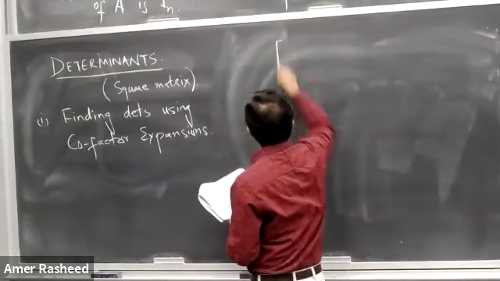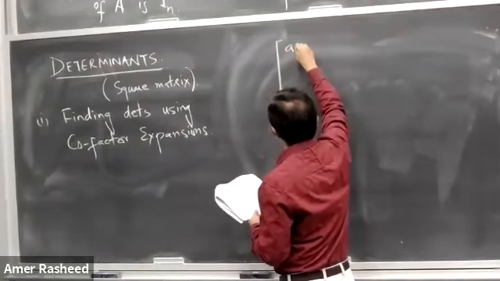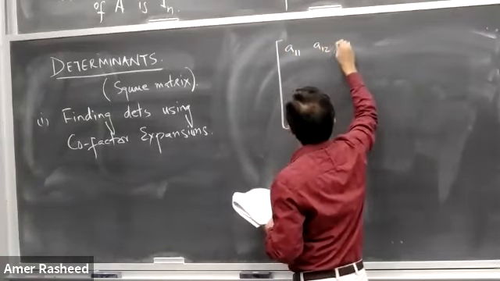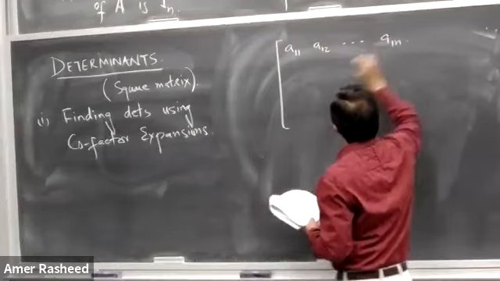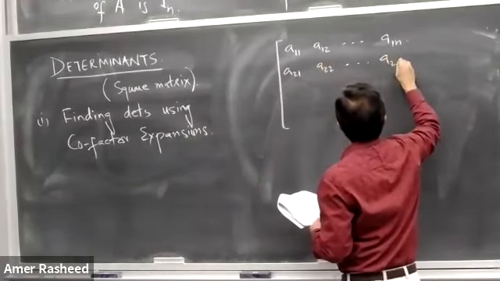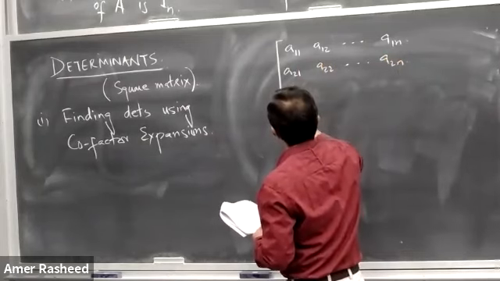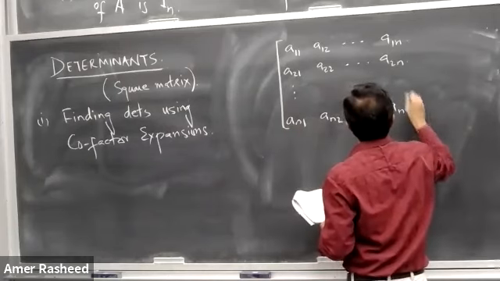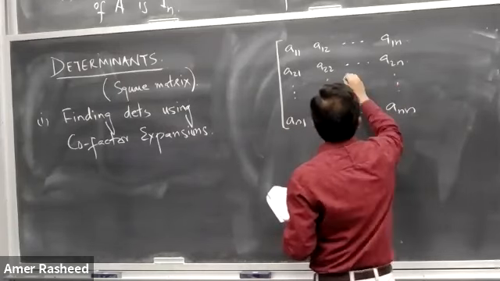The first method which we are going to discuss is using cofactor expansions. For example, if we have a matrix of order n cross n, with entries A11, A12, and so on up to A1n, then A21, A22, up to A2n, and so on, up to AN1, AN2, up to ANN.